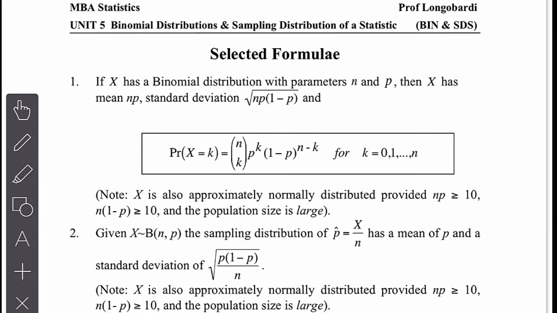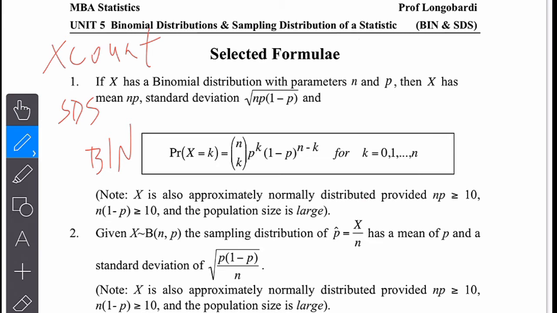If you notice, the first point is regarding x. X is the count variable, and this information has to do with SDS, and this has to do with the bin. All right, so that's all about SDS and bin, Unit 5.